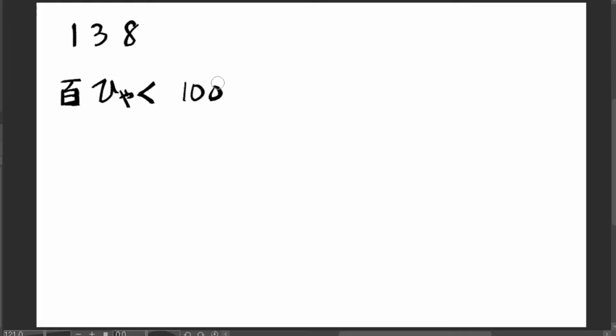So if you want to say 138, you start with 100, so hyaku, and then 3, san, because this is 30. You have ju there, 10 there, sanjuu, and then you put 8, hachi. Hyaku sanjuu hachi. So this is how you say it if it is number 1 in the hundreds.